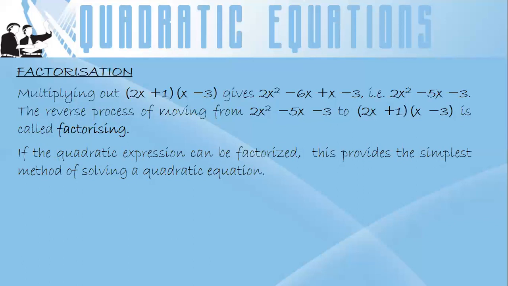If the quadratic equation can be factorized, this provides the simplest method of solving a quadratic equation. If you can break it into factors, it is the easiest way to solve. But there are cases that cannot be factored, so it is important to know the other methods.